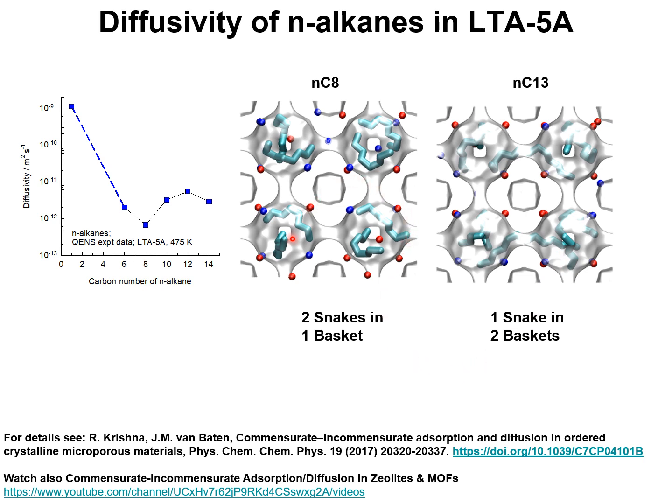So we have a situation in which we have a commensurate occupation of the baskets. Here we have incommensurate occupation of baskets. Incommensurate occupation of the guest molecules results in higher diffusivities.